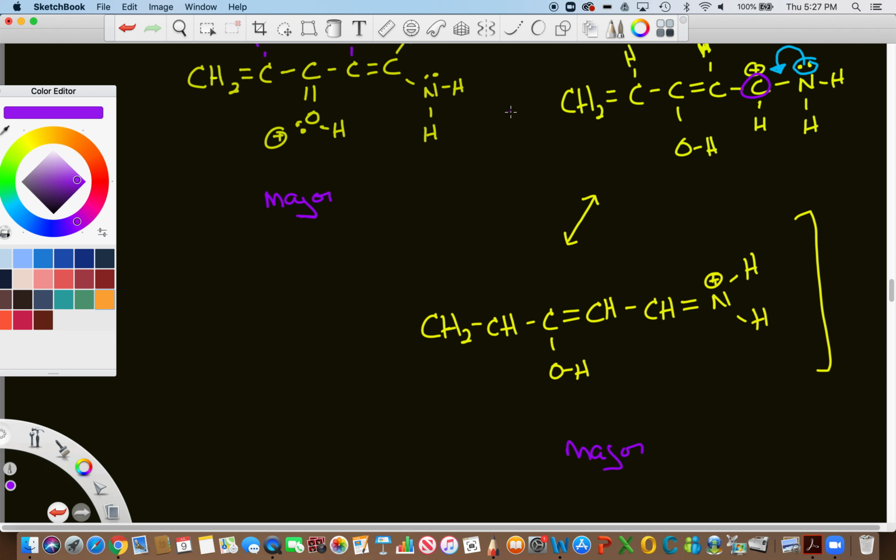Kind of deep. We're going to do lots of resonance structures in organic chemistry. Organic chemistry basically is you're an accountant, like an accounting class, but you're an accountant for electrons. All we're really interested in is the electrons and accounting for them.